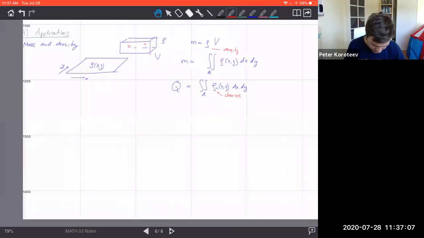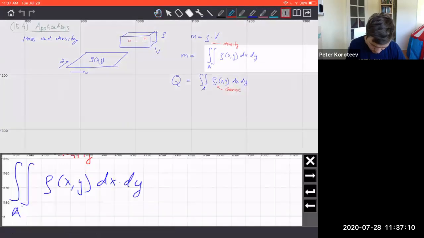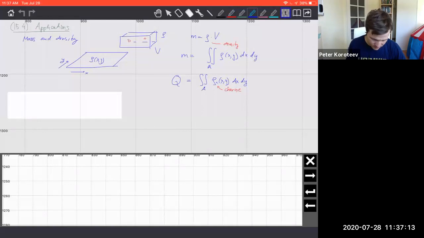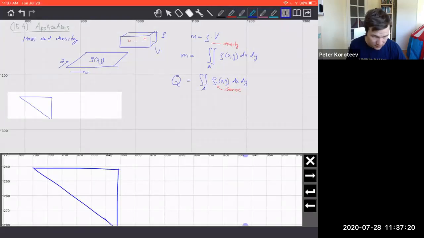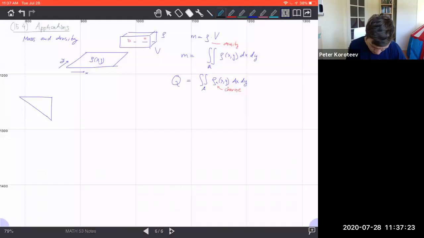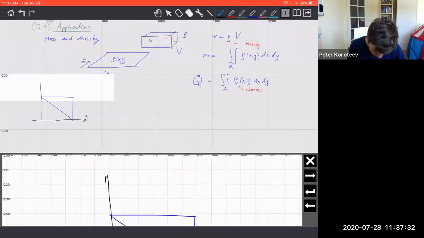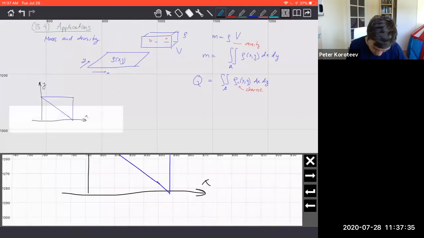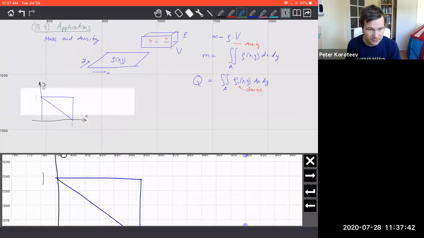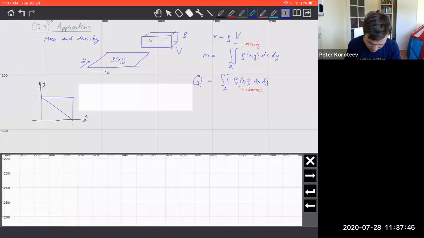So let's do an example. You have a metal plate of triangular shape, with vertices at 1 and 1. Say the charge density behaves as x times y.